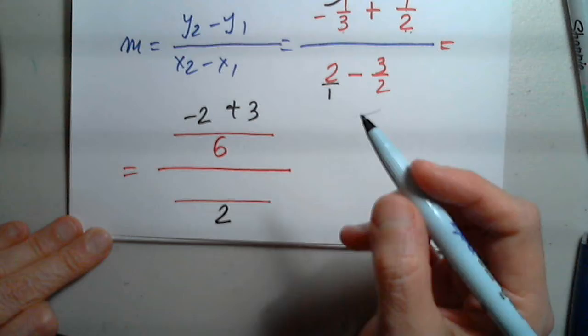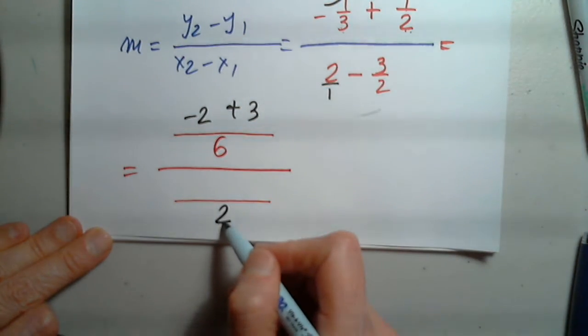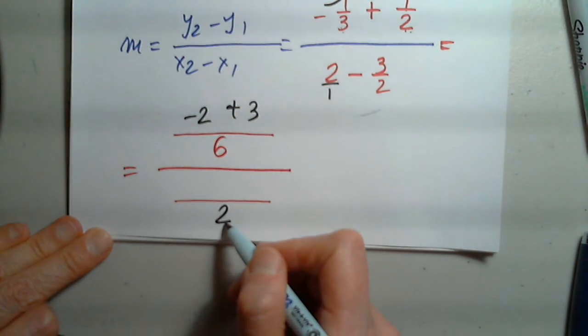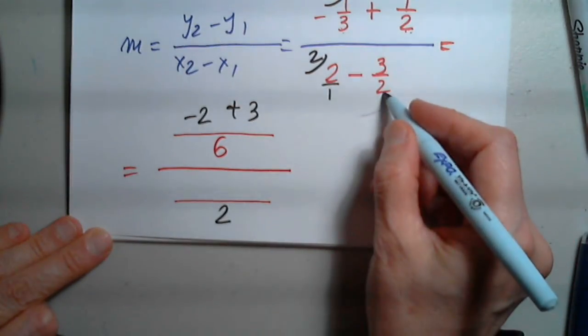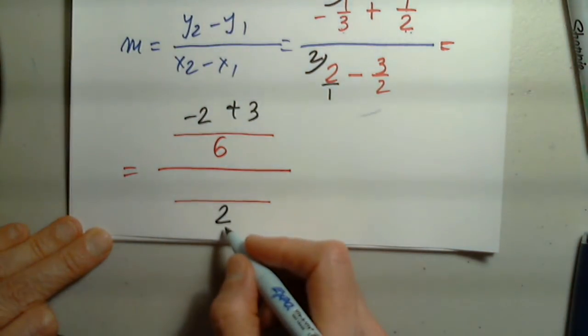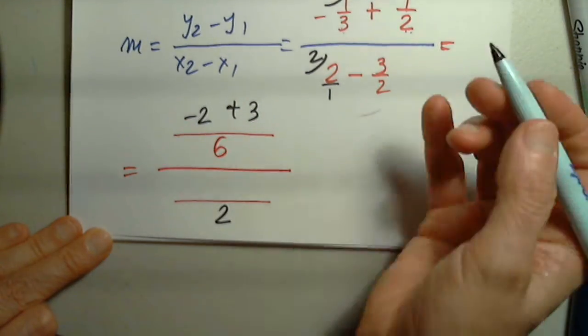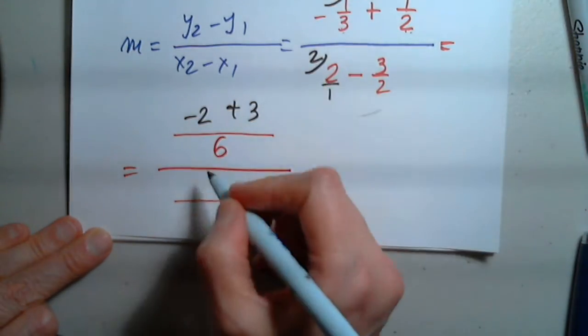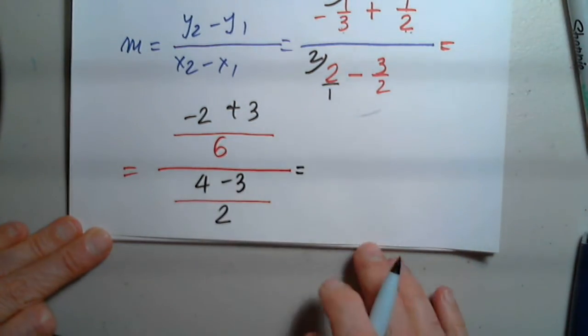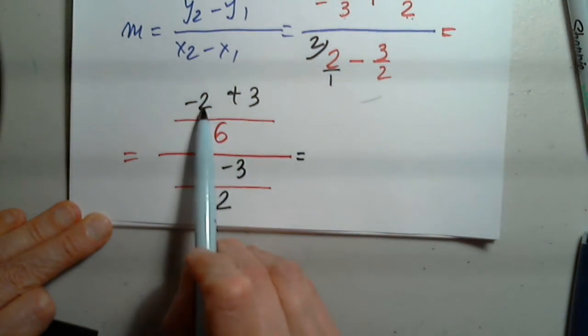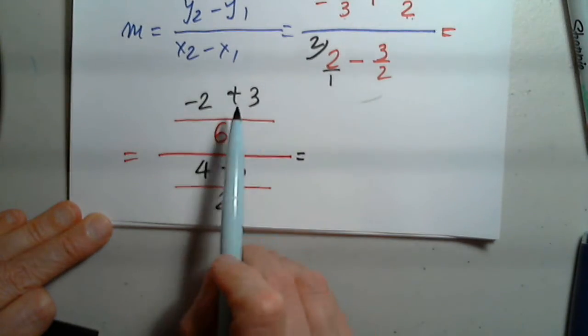2. Excellent. 1 was multiplied by what to get 2? 2. I have to do the same thing. 2 was multiplied by what? 1. I don't have to write it. So 2 times 2 is 4, minus 3 times 1, which is -3. Now back. -2 plus 3 is 1.